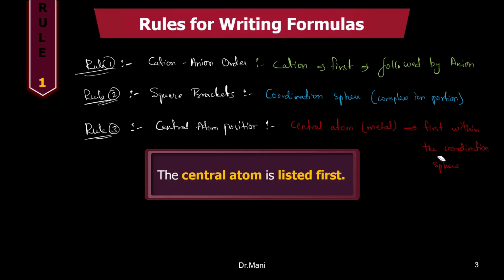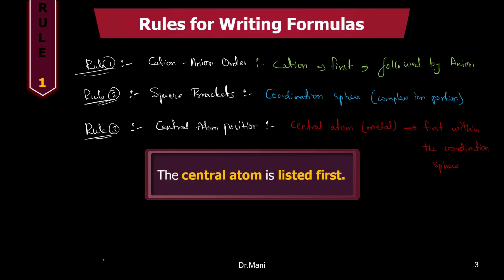Remember this. Here, first the cations are given, followed by the anions; if there are neutrals, they come later. You put everything in the coordination sphere within the square brackets. Okay, the central atom should be first within the coordination sphere.